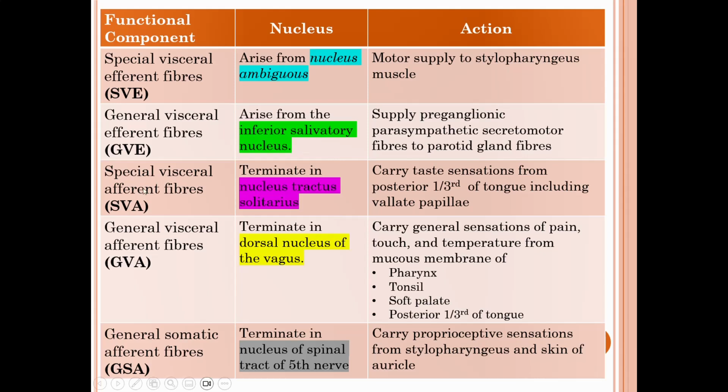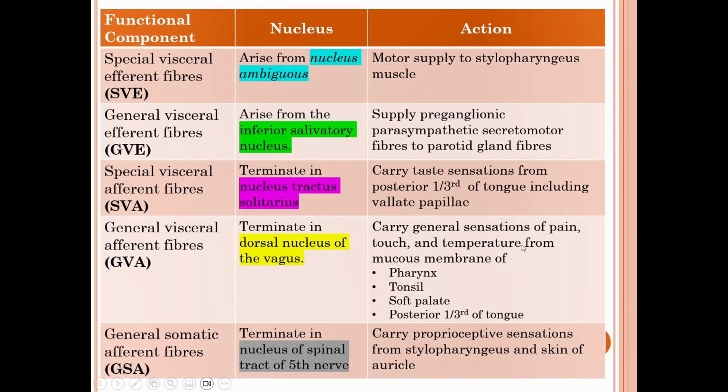Then there are special visceral afferent fibers. The fibers terminate in nucleus tractus solitarius, which carries the taste sensation from the posterior 1/3 of the tongue, including the vallate papilla. Then there are general visceral afferent fibers, which terminate in the dorsal nucleus of vagus.